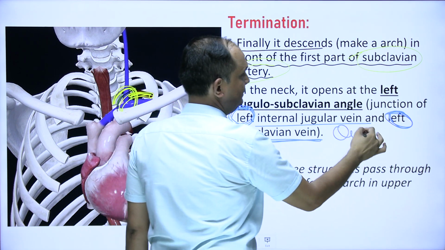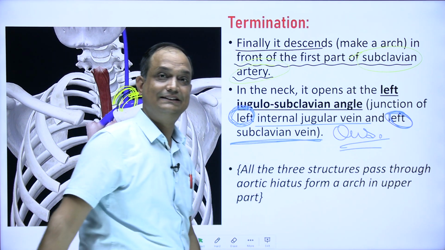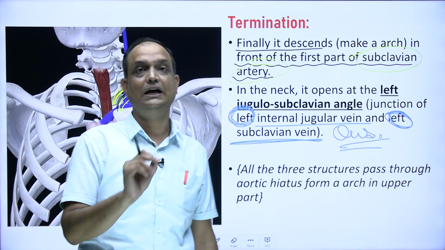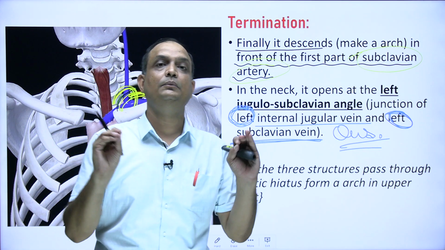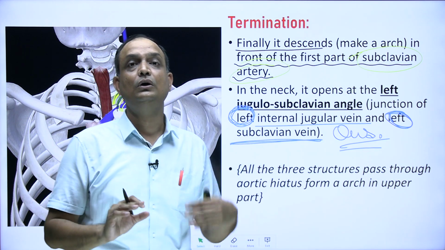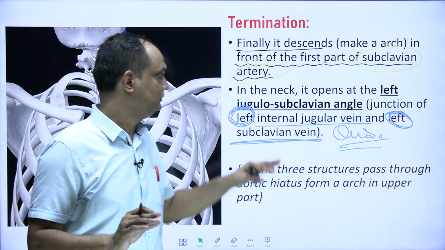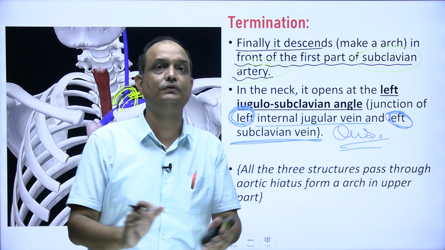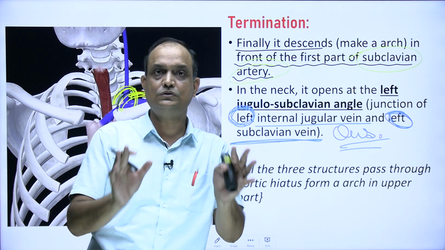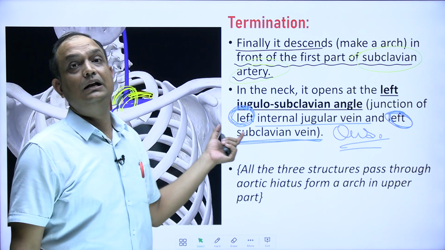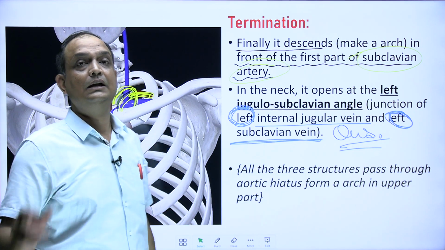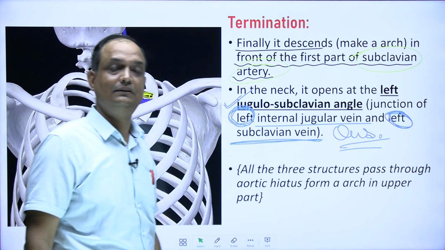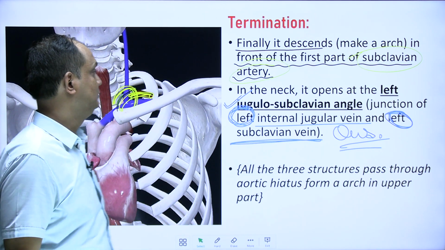So this is again a very important question for your exam, that what is the termination of the thoracic duct. So I told you that whatever the lymph is there, ultimately it is going to end in your venous system. So this thoracic duct drains the lymph from most of your body, not the whole body, into the left side of the venous system, and that is actually the left jugulo-subclavian angle, the junction of the left internal jugular vein and left subclavian vein.